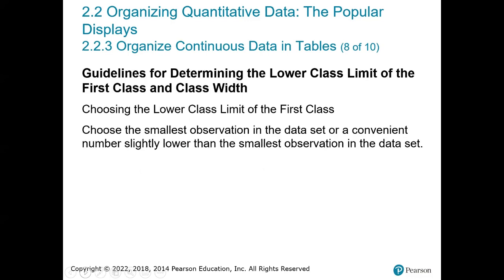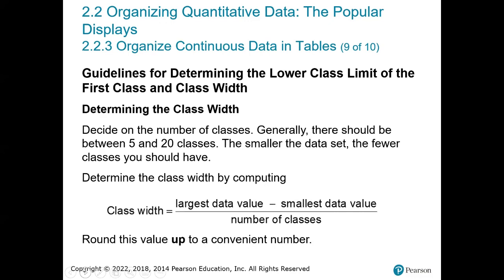All right, so some guidelines to do it. We kind of walked through this already. Choose the smallest observation and pick something that's slightly lower, that is a nice round convenient number. And then decide how many groups you want. If you want 10 bars, figure out how far your lowest and highest are, and divide by how many groups you want, which is going to roughly give you your class width.